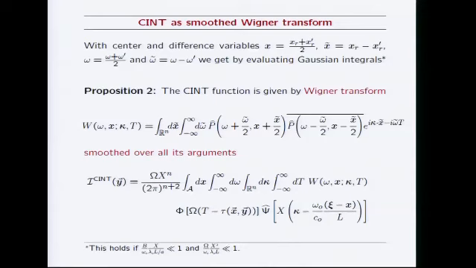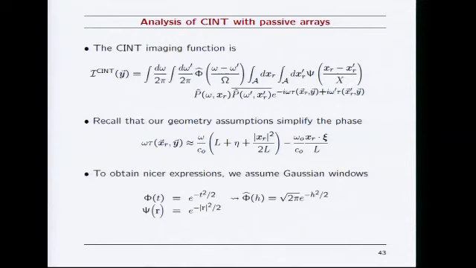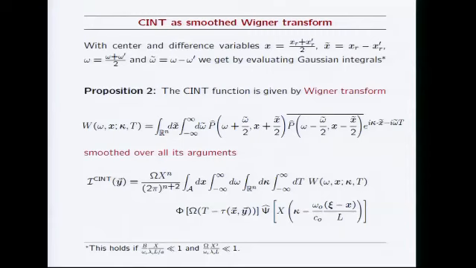Now, if you take this Wigner transform and write the product P bar as the inverse Fourier transform, so you write this in terms of the Wigner transform, and then you plug that into the expression of the coherent interferometry, and you use the geometrical assumptions that allow you to simplify the travel times the way I told you, and then you do the calculations.